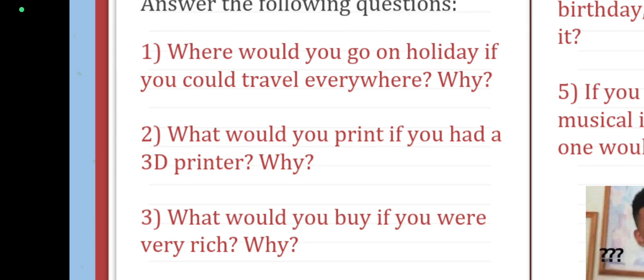Now, Jose, are you there? Yes. Can you answer the number 2, please? What would you print if you had a 3D printer, and why? Well, I think I will print a scale model of my pet, so I could have it.